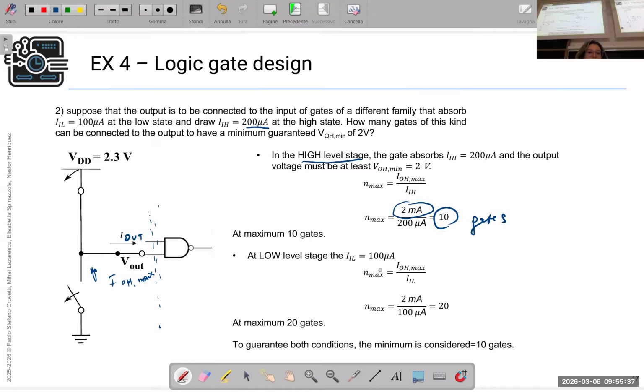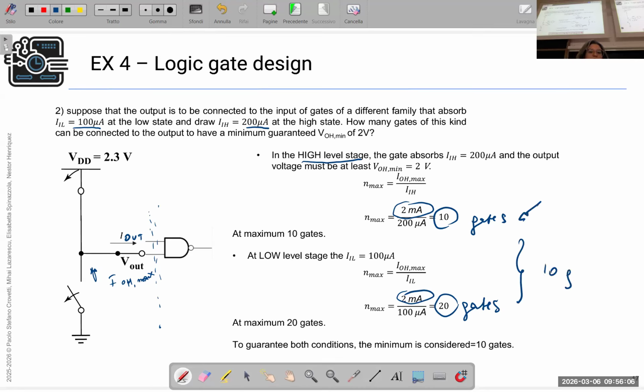At the low level, we can also make the calculation: the 2 milliampere divided by the current absorbed by the gates at the low level gives 20. But since we have to consider that this works together, we have to take the minimum.